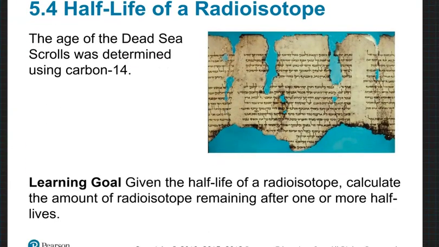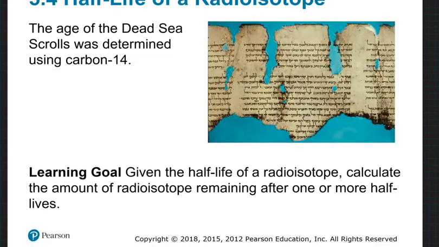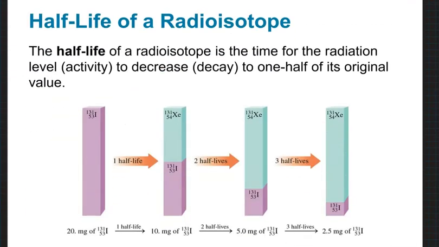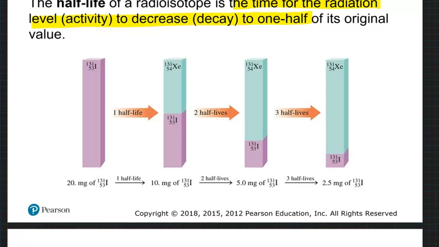So, half-life. We need to figure out what is a half-life. It's the time that it takes for radiation to decrease to 1/2 of its original number. So here's an example of half-life using iodine-131.